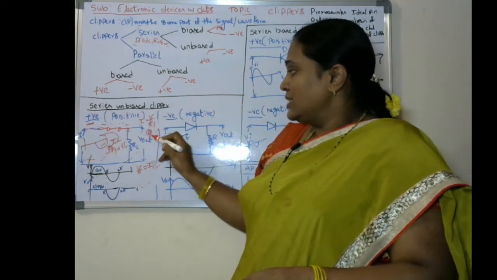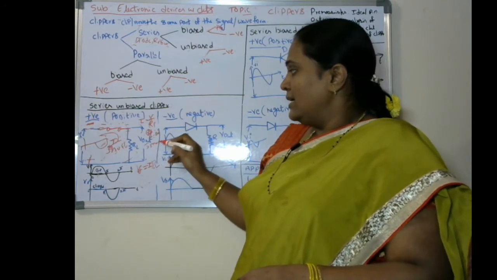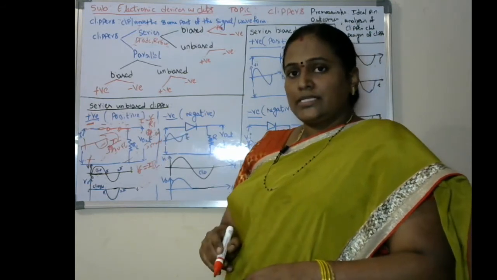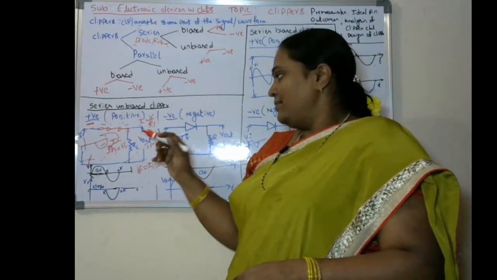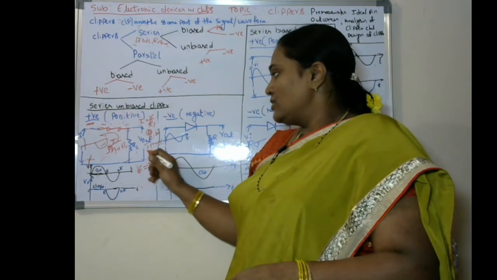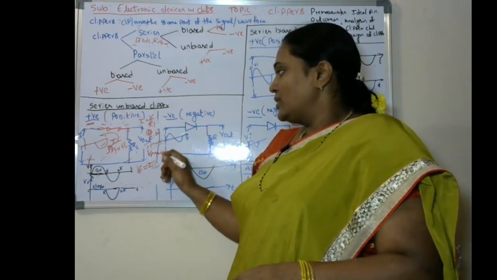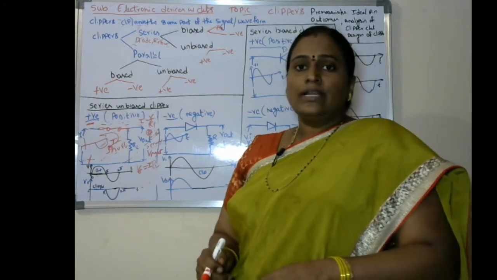The current goes to infinity, nothing but the current will be at the maximum in this case. The voltage also goes to maximum since V equals IR.